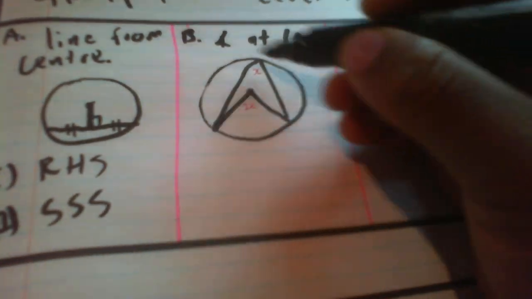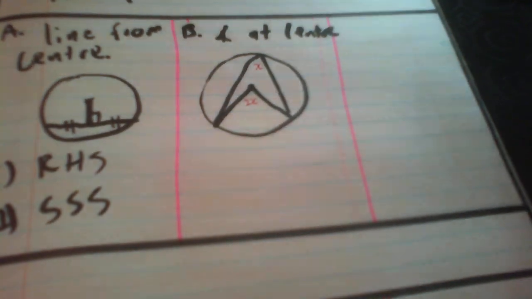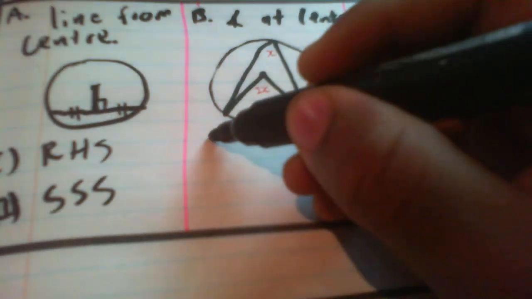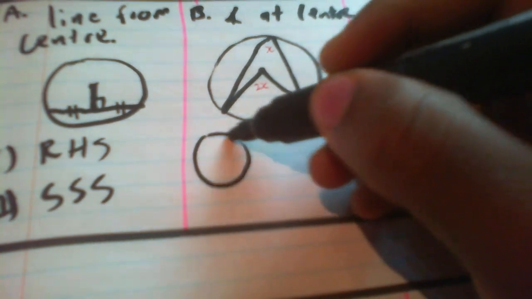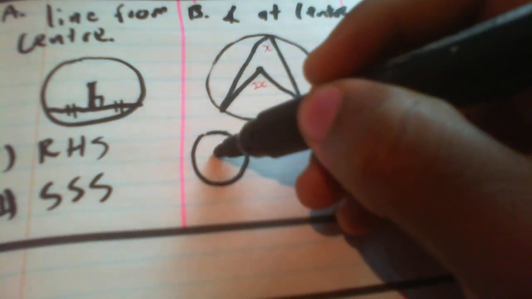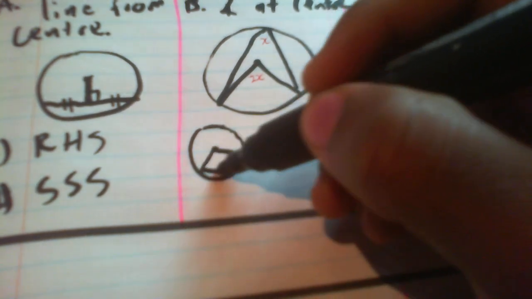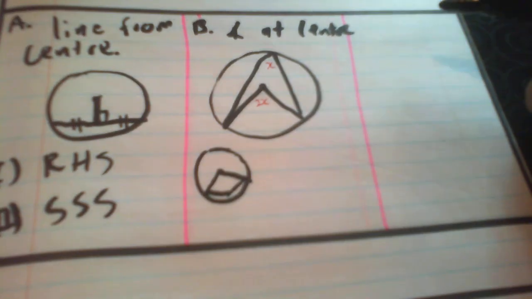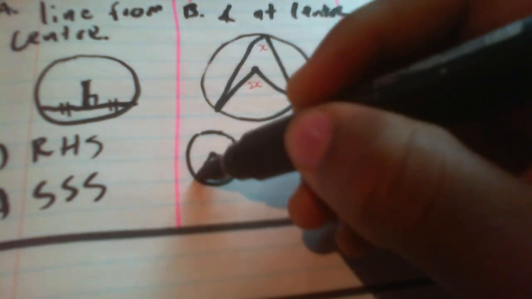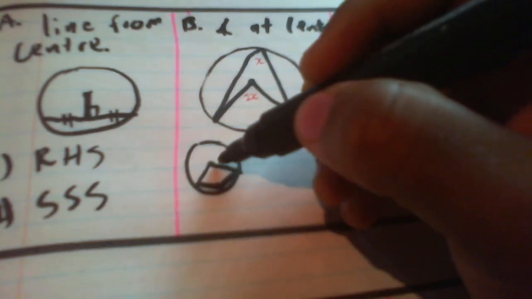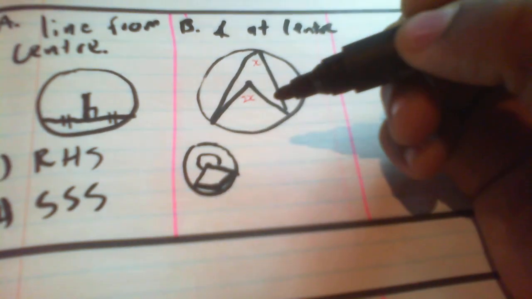So this one has other ways it can materialize. You can still be having your angle at the center like that, but now you're looking at the reflex angle here.